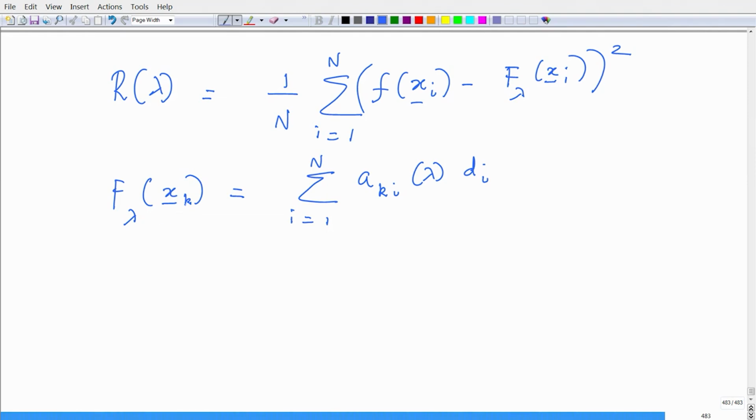This subscript k, observe carefully, pertains to the data point, and i is the running summation index from 1 to N. This is some linear combination of the samples that I have.